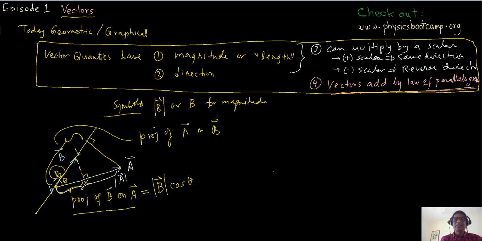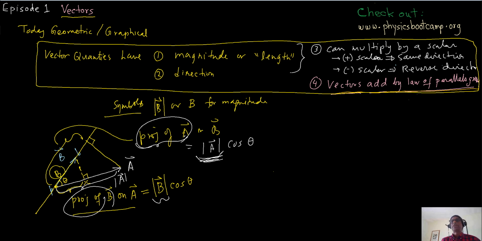This again is the base, so this just will be equal to A cosine theta. So one way to remember is, the length of the projection will be proportional to the vector you're projecting. You're projecting B here, so it's going to be the length of B. You're projecting A here, so it's going to be the length of A. That's the way to remember it.